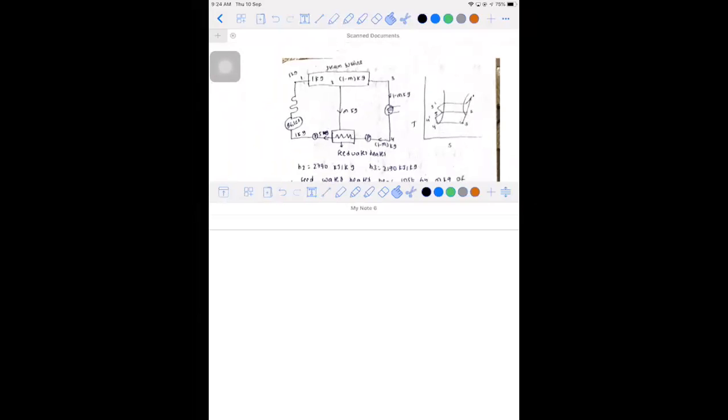It is always better to draw the figure like this. I will draw it once again.